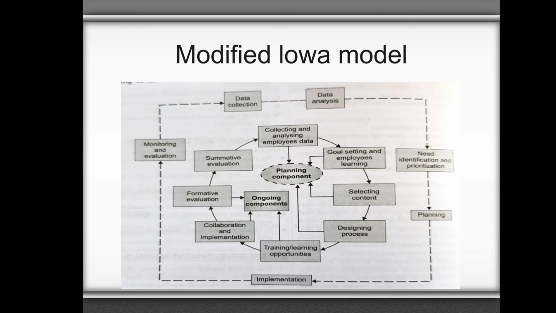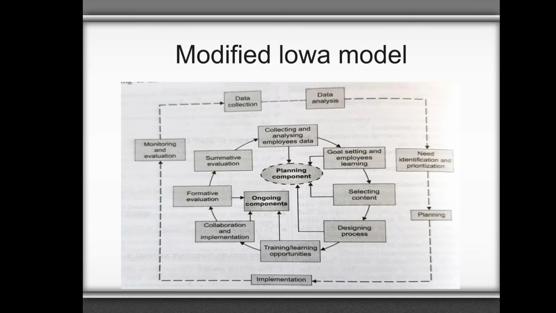The first is the cyclic component, the planning stage. You can see that the planning component comprises 4 steps. First, collecting and analyzing the information required for identifying the needs and areas for staff development. Then setting the goals and objectives for the program.